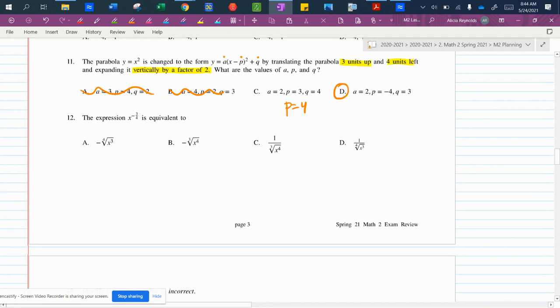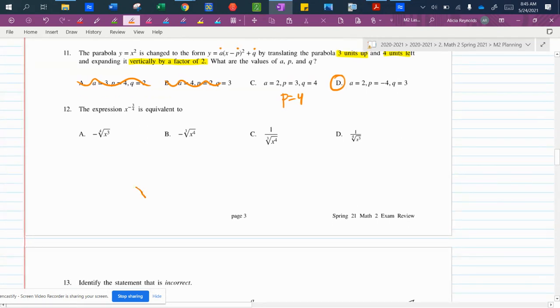Number 12, this is also not a calculator question. We need to remember that if I have x to the negative anything, this is going to move it across the line. It has to be in the denominator. So what can I rule out based on that information?